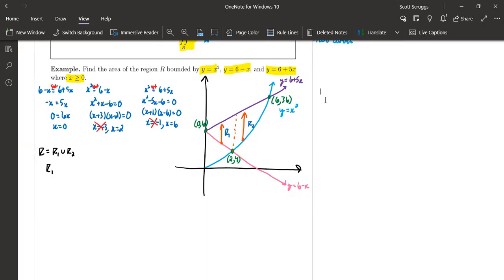So let's go ahead and set up R1. In R1, we already specified that x is going to go from point to point and y is going to go from curve to curve. Based off of my intersections, the smallest x value that I have is 0, and my largest x value is 2. So going from point to point in the region R1, x is going from 0 to 2.